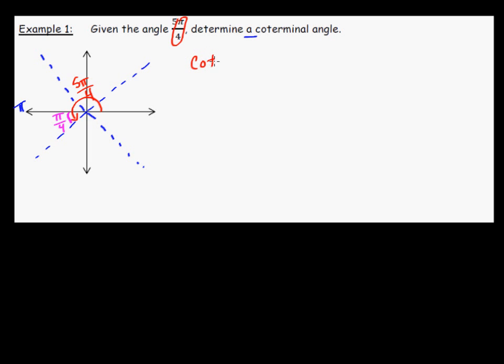Now, coterminal angles for the angle theta would be theta plus, or minus potentially, some multiple of 2 pi, right?